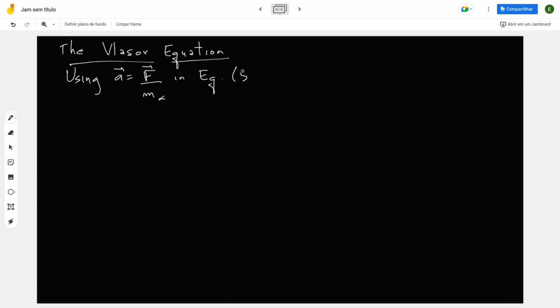We're using equation 5.8 with this, and F will be an external force plus Q, the Lorentz force.